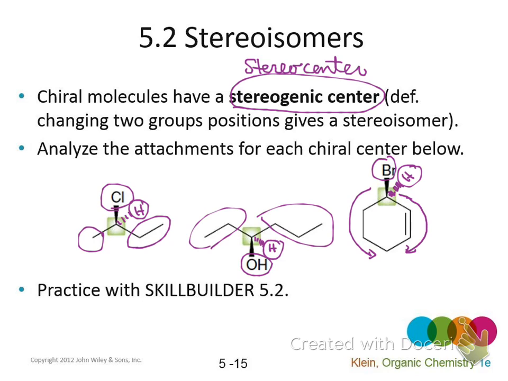A stereogenic center just means that if I switch two groups on the stereocenter, I'll get a stereoisomer. So a double bond is actually a type of stereocenter. It's not a chiral stereocenter, but it's a stereocenter because if I take groups and switch them, I can go from cis to trans, for example. That's not up here. These are just chiral centers.